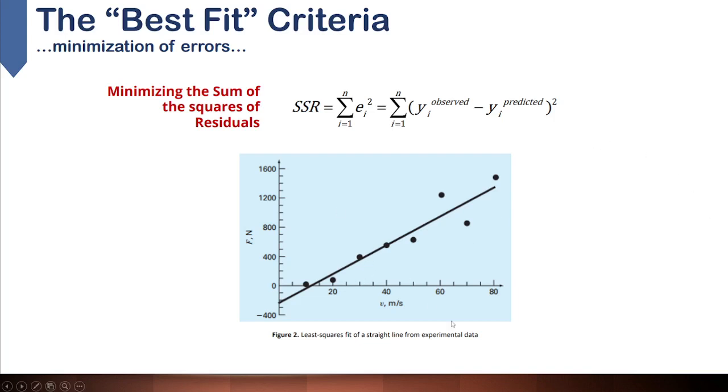This figure is just the representation of it. The dot points are your experimental data, and there is a line. That line represents the best fit line of the collected data.